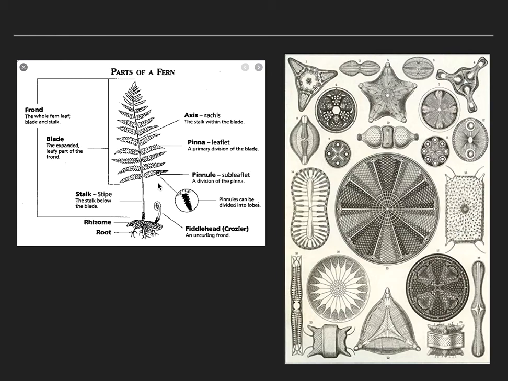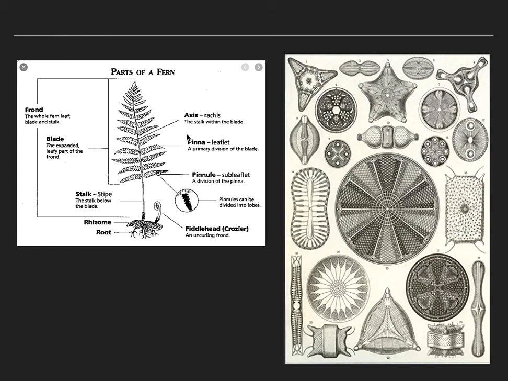So not only will you be drawing the fern plant, you will be learning about that plant that you're drawing. So give us a little bit of information about it and label parts of it. Whatever object you choose to use in nature, you will have to label parts of it.